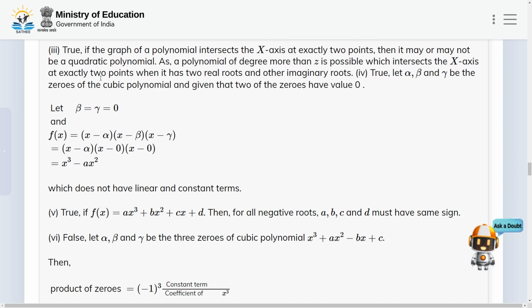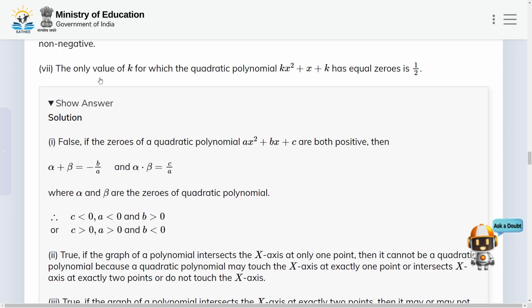And if the graph intersects the x-axis at exactly 2 points, then it may or may not be a quadratic polynomial, as a polynomial of degree more than 2 is possible which intersects the x-axis at exactly 2 points, when it has 2 real roots and other imaginary roots. So the given statement in 3 is a true statement.